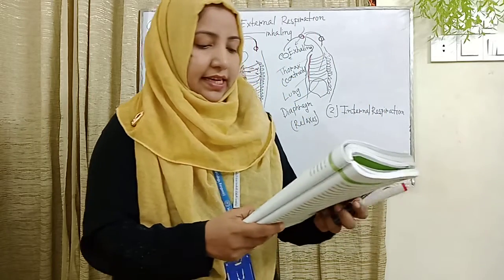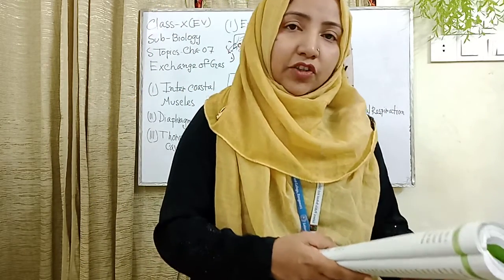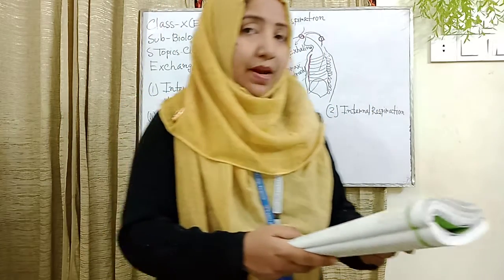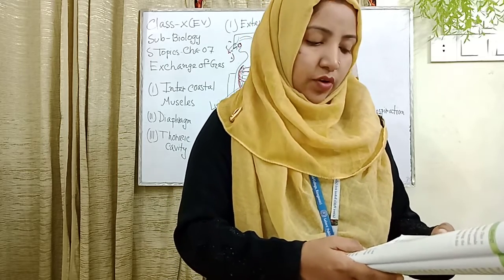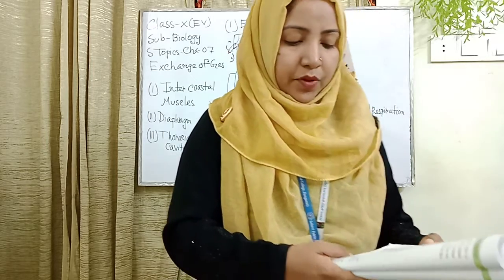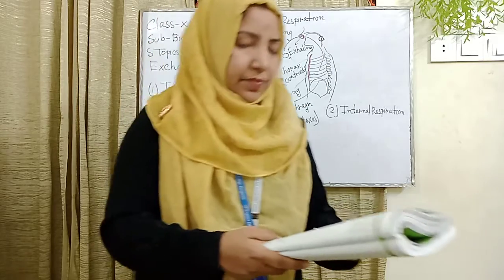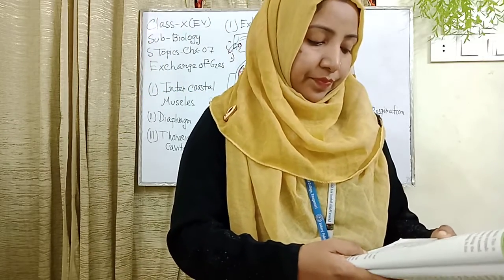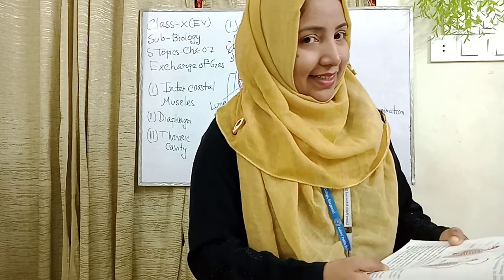Gaseous exchange means the exchange of oxygen and carbon dioxide. It occurs between the air and the blood vessels of the lungs. Gaseous exchange occurs in two ways: the absorption of oxygen and the expelling of carbon dioxide.